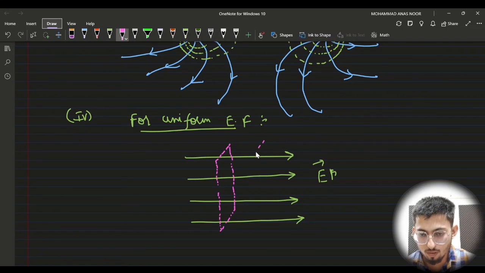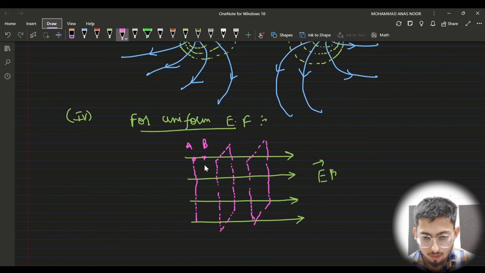You can draw many. This is the one, because it would change as soon as you change the distance, isn't it? As you change this distance from A to B, A is one equipotential surface, B is another equipotential surface.